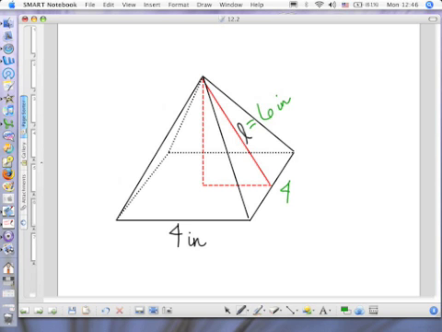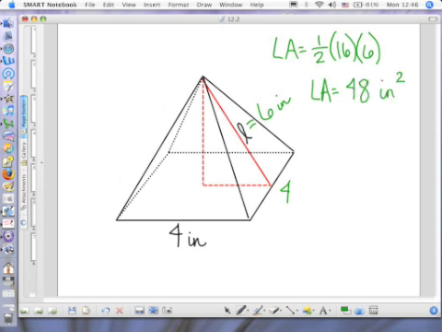Well, let's do that. The lateral area is equal to 1/2 the perimeter of the base. What's the perimeter of a square with four unit long sides? 16. Times the slant height. What's the slant height? 6. So my lateral area is 48 inches squared.